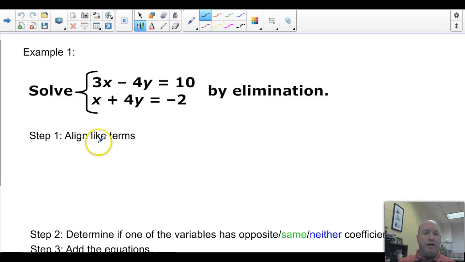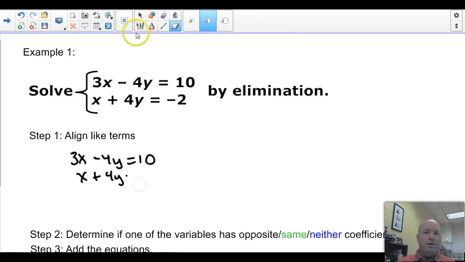And it says align like terms, but when we mean align like terms, we want the x terms to be on top of each other and the y terms to be on top of each other, okay, and the constant terms to be on top of each other. And so this is what I mean. I have x terms on top of each other here and y terms on top of each other here, and then the constants on top of each other.